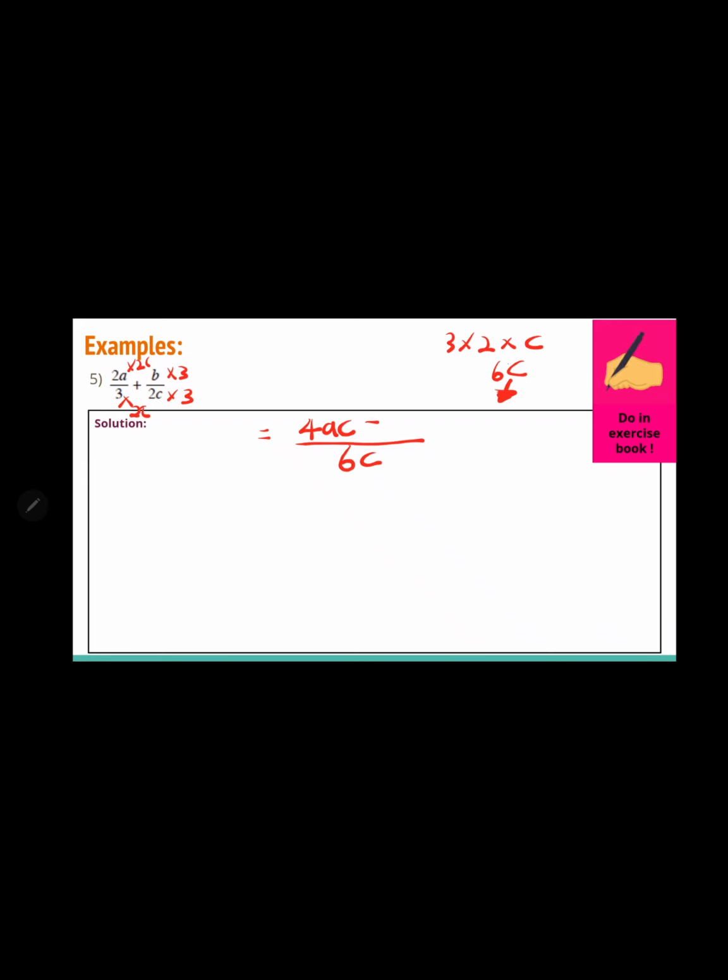Plus is good, I do not need a bracket. B multiplied by 3, so 3B. I think that's all lah. Easy example. I cannot factorize, so it's nothing. Just multiply both up and down, find the same denominator, then you can proceed.